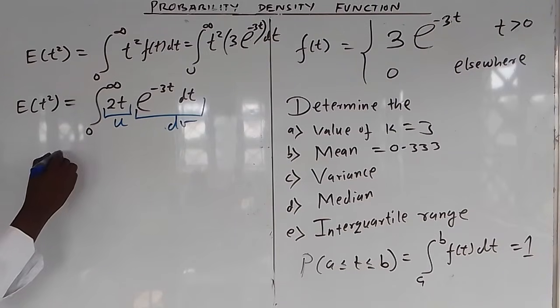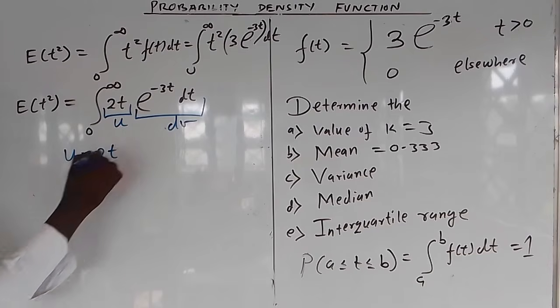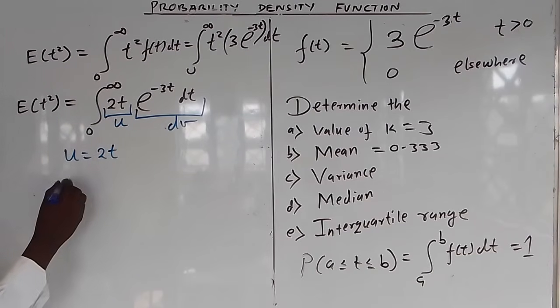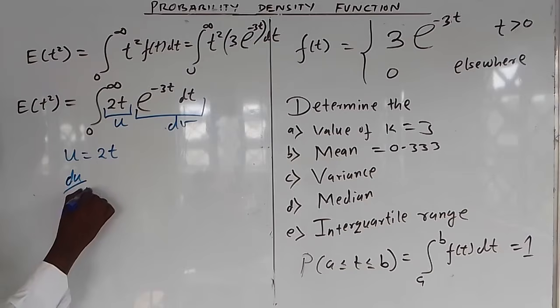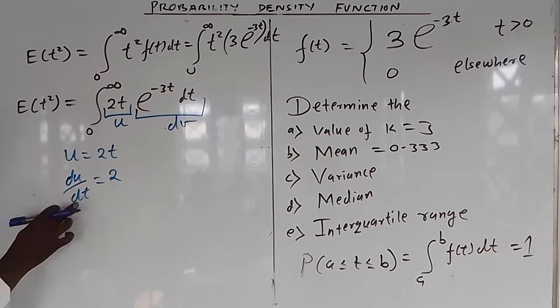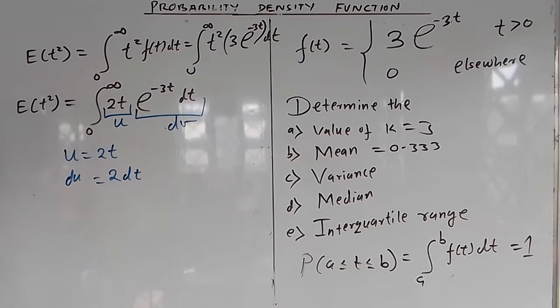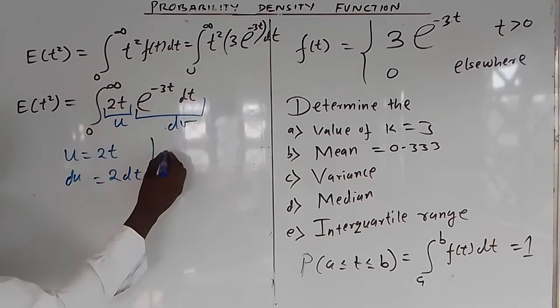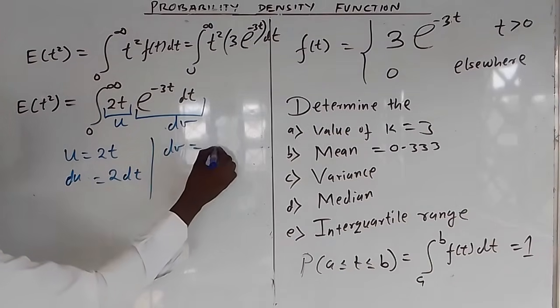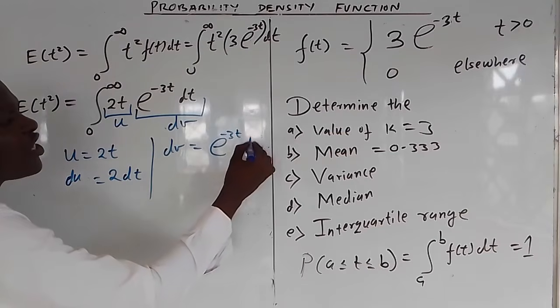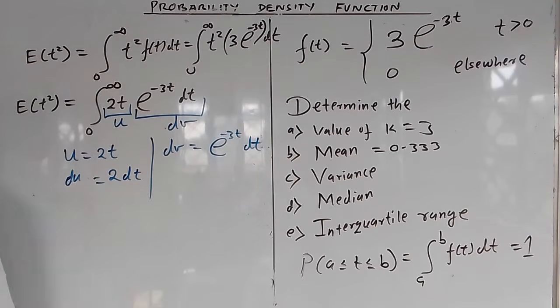So what is your u? 2t, isn't it? If you differentiate u with respect to t, you get 2. Then if you take dt the other side, you get du equals 2 dt. You are done with that. Then what is your dv? Exponential negative 3t dt. The whole of that is dv, isn't it?